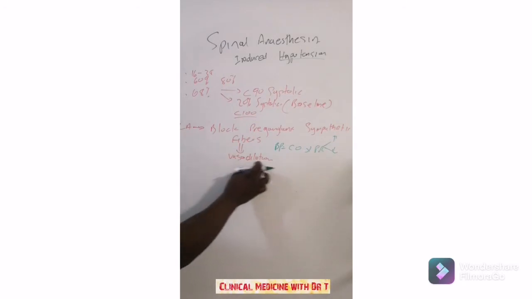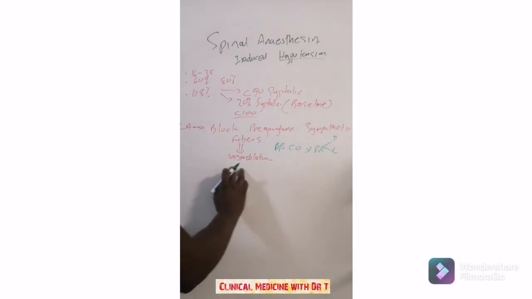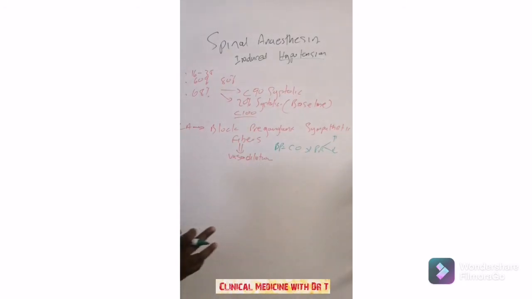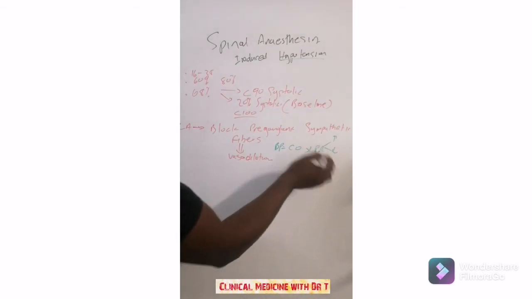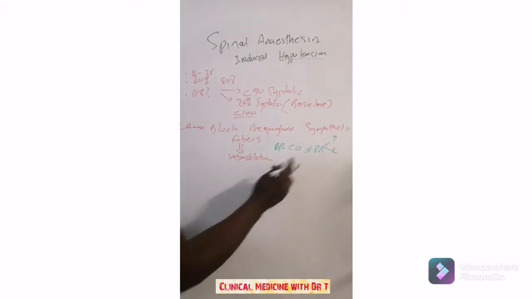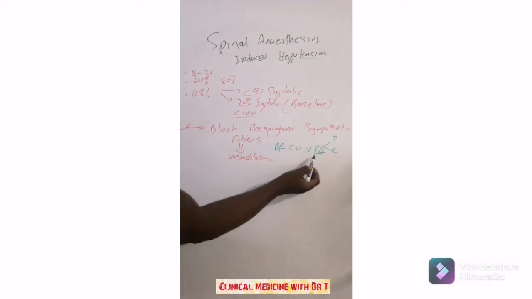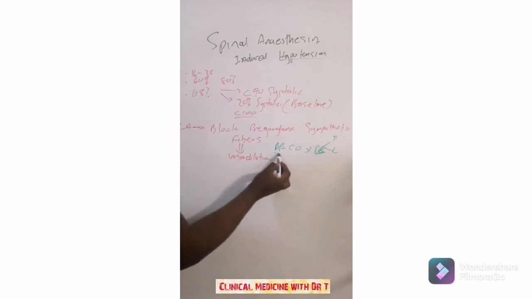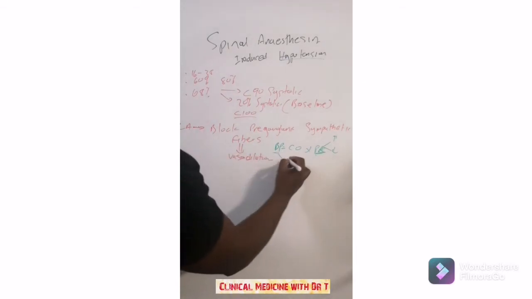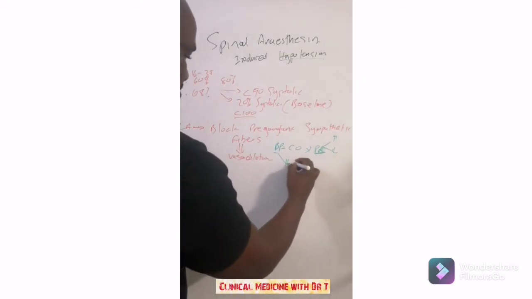So if you are vasodilating, you have decreased vascular tone. Once you have a decreased vascular tone, you decrease peripheral resistance, and because of that you decrease your blood pressure as well. That's how you get a decreased blood pressure, which is hypotension.